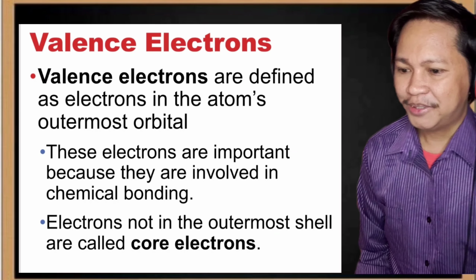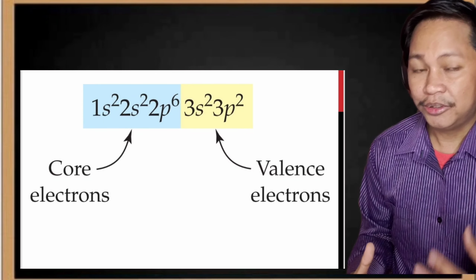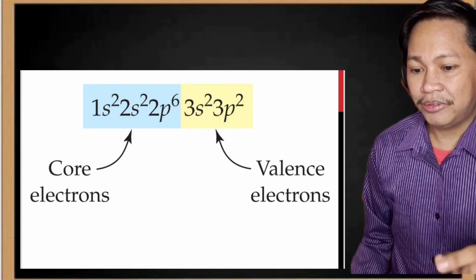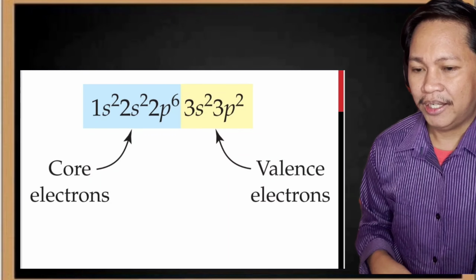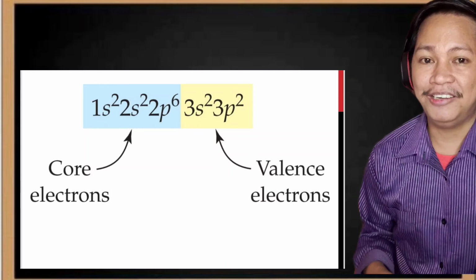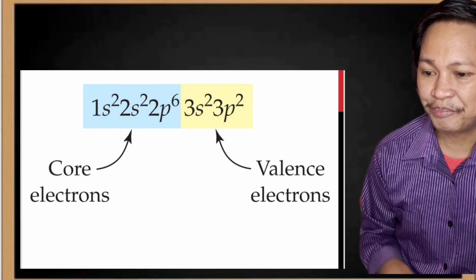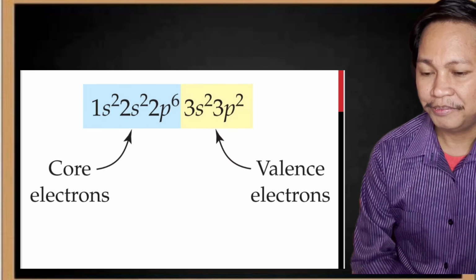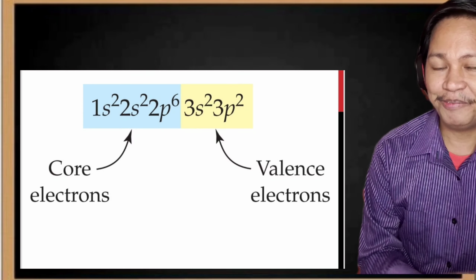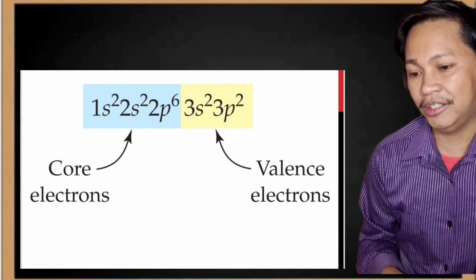Example, we have here 1s2, 2s2, 2p6, 3s2, 3p2. Class, take note, paano mag-determine ng core and then valence electron. As you can see, may mga number tayo dyan: 1, 2, and then 3. In mathematics, we have the numerical coefficient.